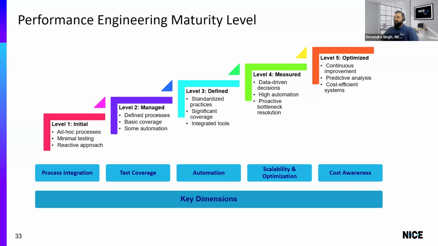The third one is defined. So in this one, we have improved the practices. We have started following the well-established industry standard practices for performance testing and cost optimization. The coverage is significant. Apart from the basic critical scenarios, we have added some more scenarios for performance testing and cost optimization. Now we have built some dashboards to see what resources are incurring cost in Cost Explorer or in our billing dashboard.